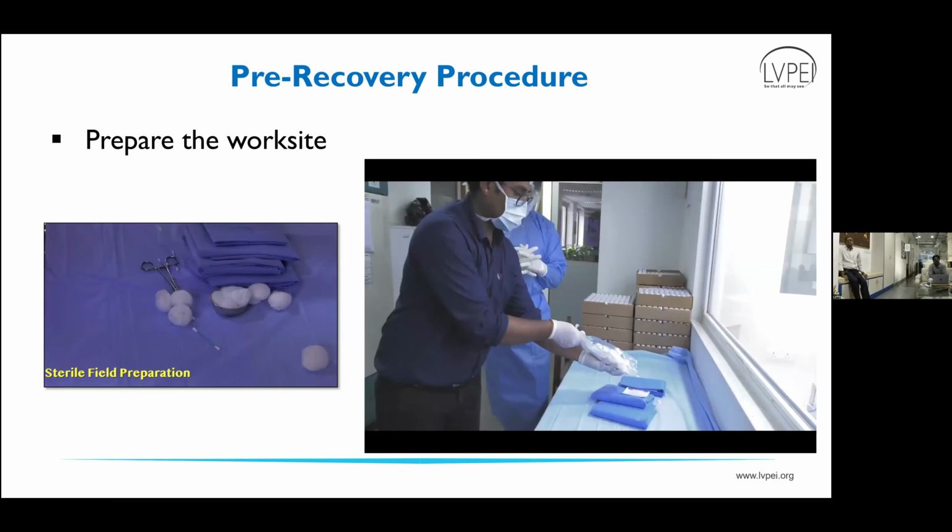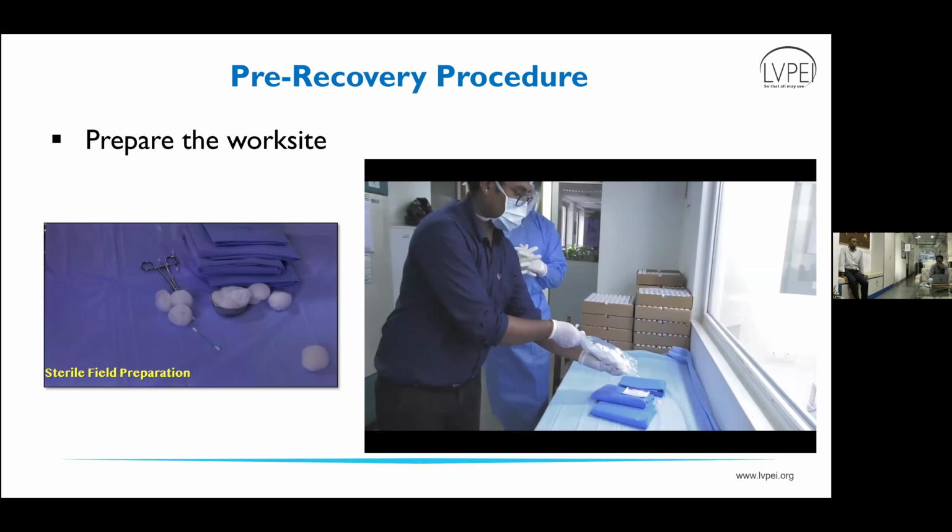Then we have to prepare the work site. After cleaning the area where we have identified to keep the linen pack and other required materials, first we put a sterile poly drape on the cleaned area.